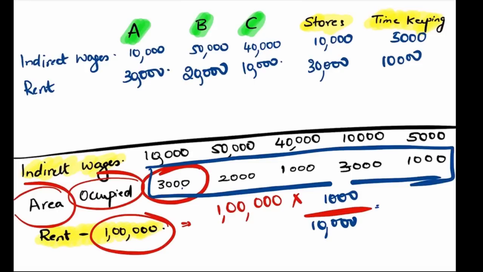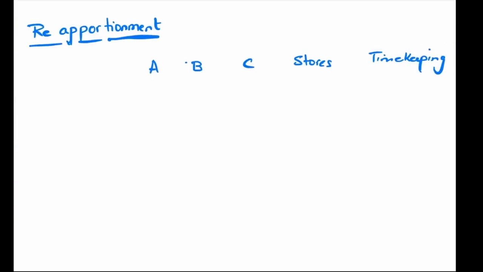Now we have understood what is allocation and apportionment. Now let's look into the next step, which is reapportionment. What are we going to be doing in a reapportionment? When we say reapportionment, all the cost of the service center should be reallocated back to the production center.